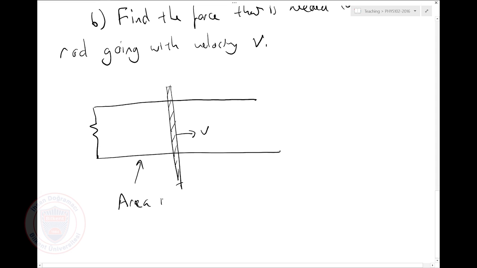Area is changing, which means flux is changing. So if the flux is changing, there must be an induced current in that loop. Let's first try to find the direction.